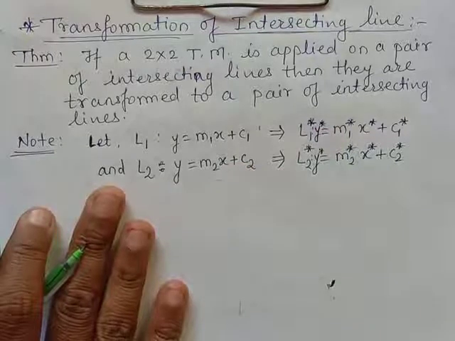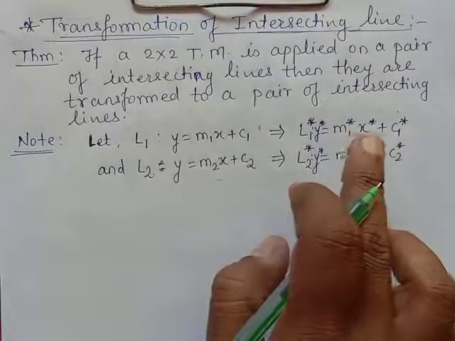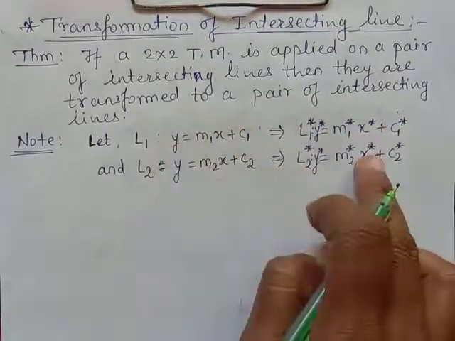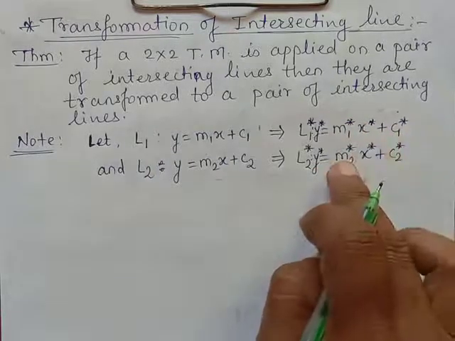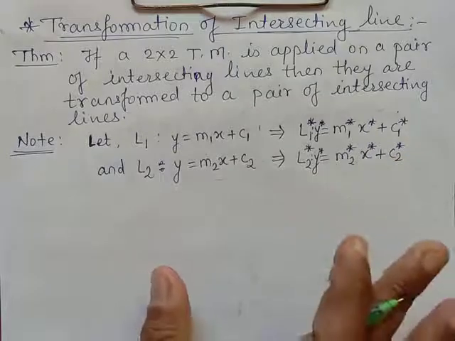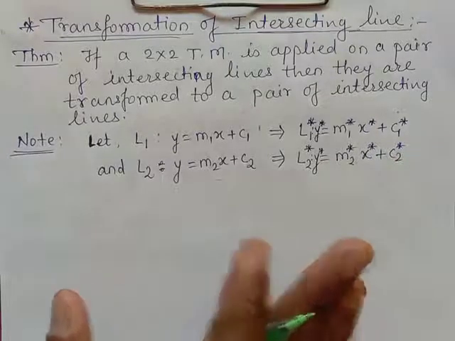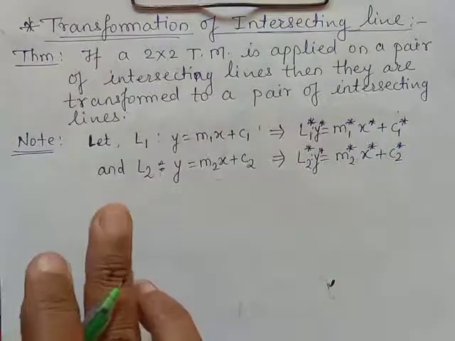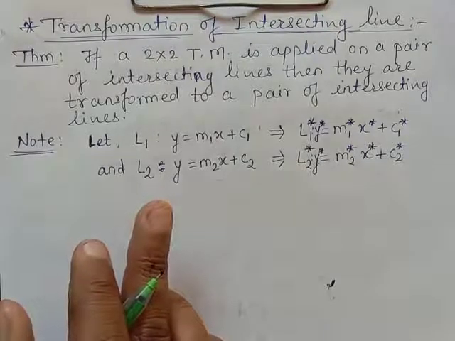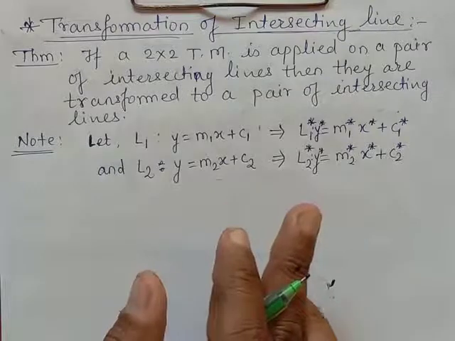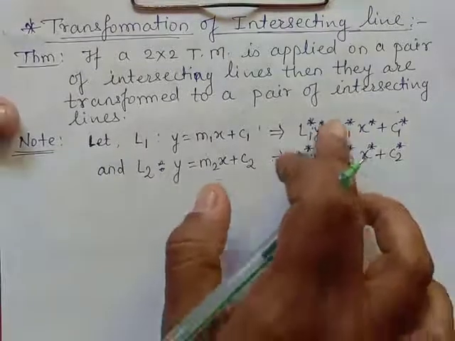Okay, now obviously after transformation m1 star, c1 star, m2 star, c2 star have the result. We can get that one using the equation of the transformed line, but also we can find out the point of intersection of these two lines.